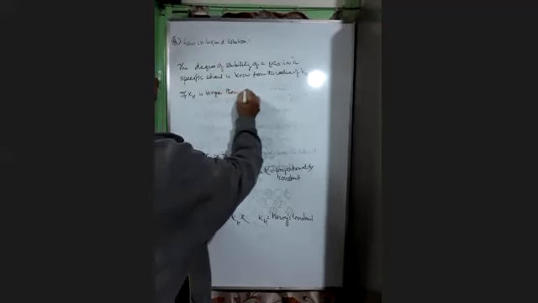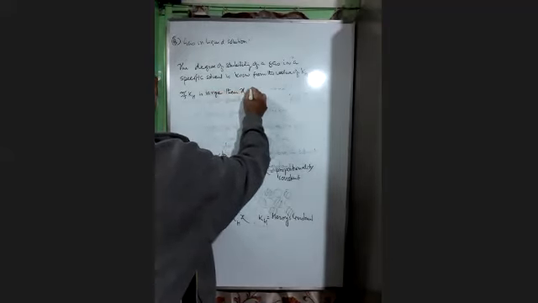Okay, so if KH is large, then chi is less. You can say why?